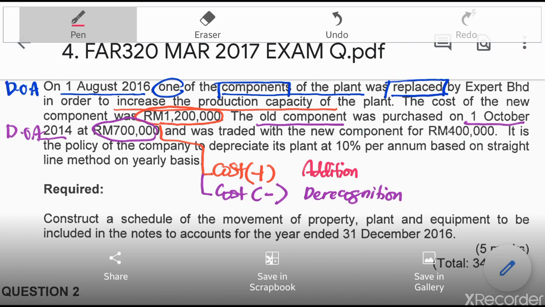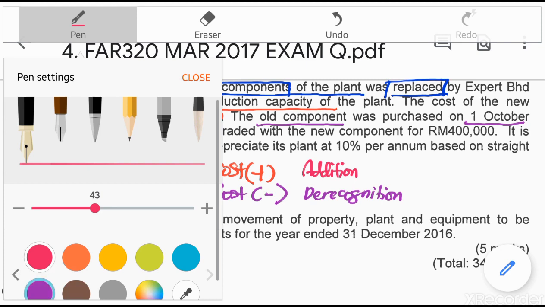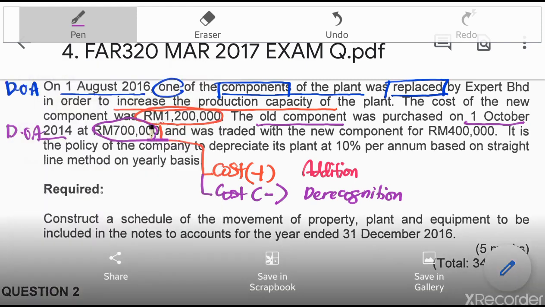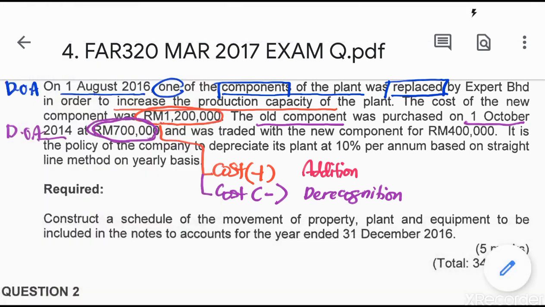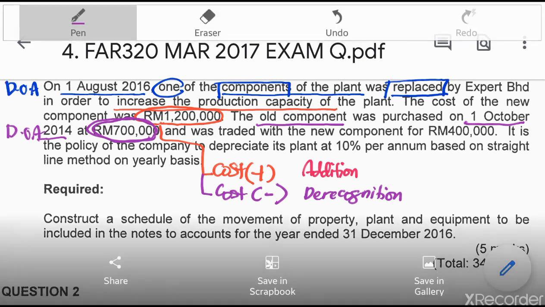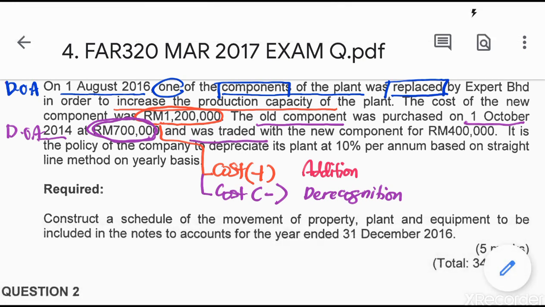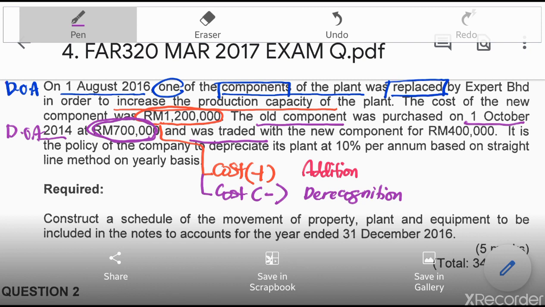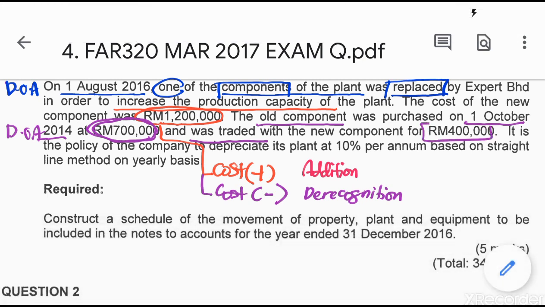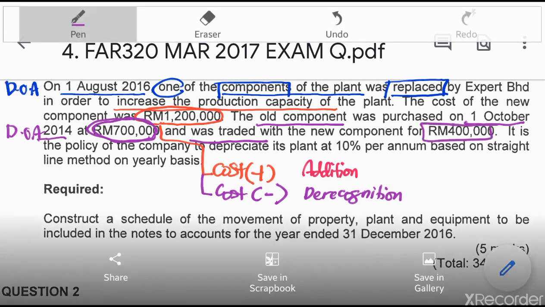And you are also informed that this old component, the one that has a cost of 700,000, was being traded in. So that was a trade-in, and the trade-in value is 400,000.